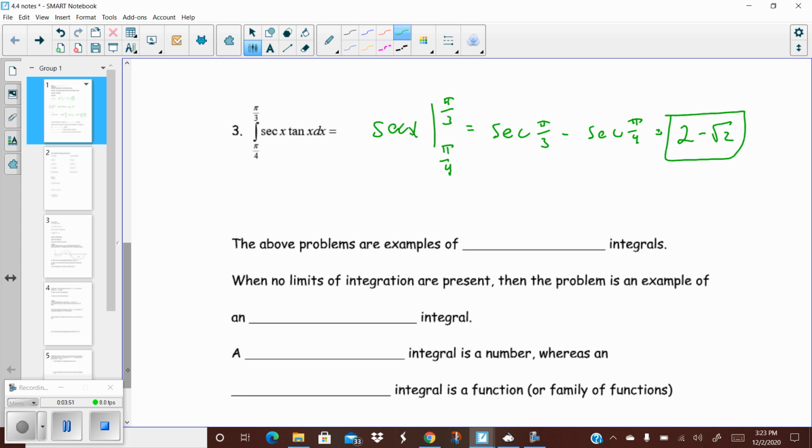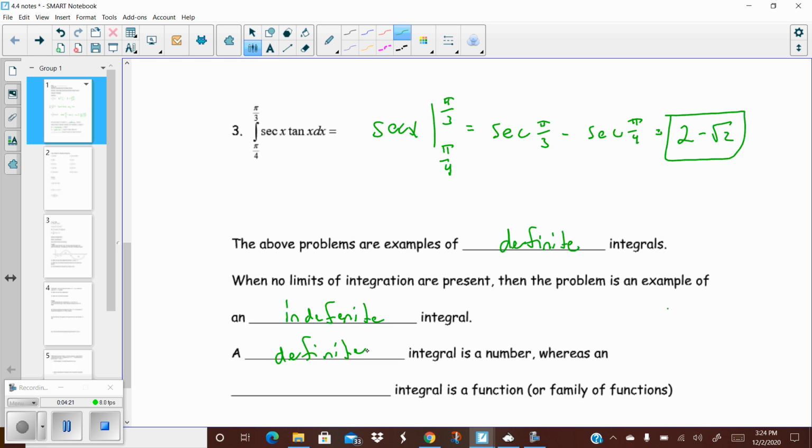All right, so these above problems were definite integrals because they had bounds. When there's no limits of integration present, then the problem is an example of an indefinite integral. So remember that a definite integral, as you can see from above, results in a number.